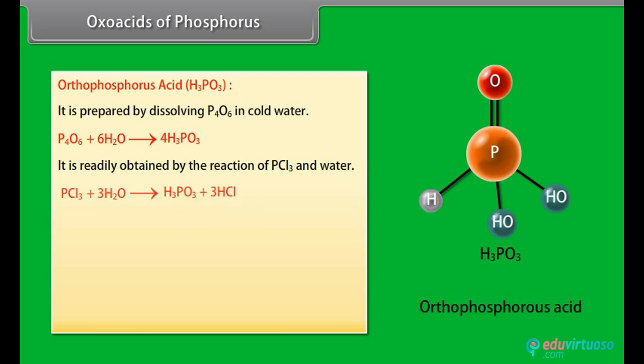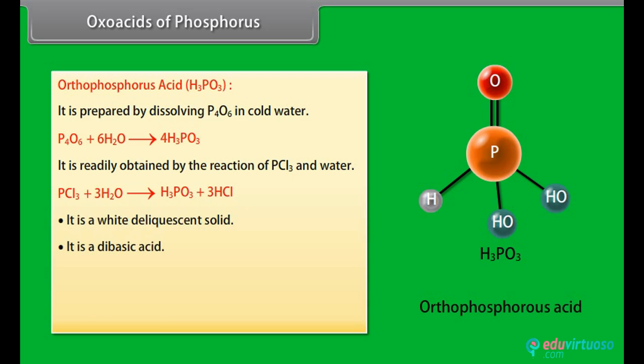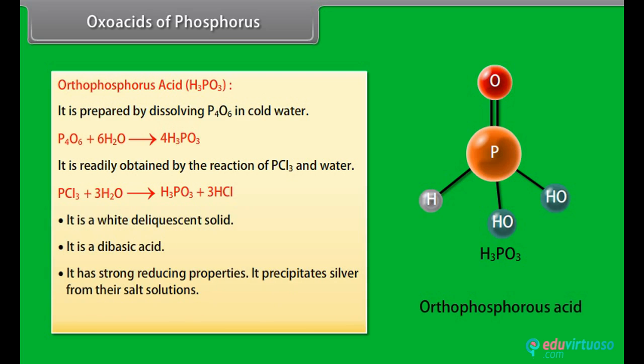It is readily obtained by the reaction of PCl3 and water. It is a white deliquescent solid. It is a dibasic acid. It has strong reducing properties. It precipitates silver from their salt solutions.